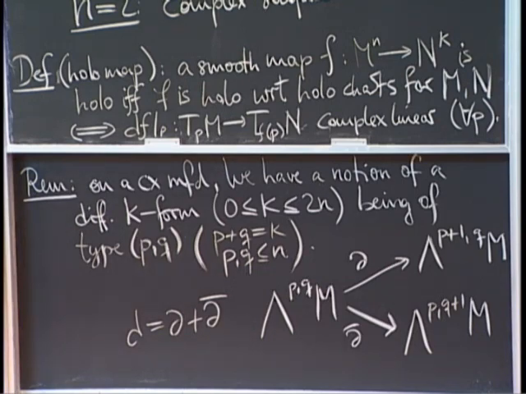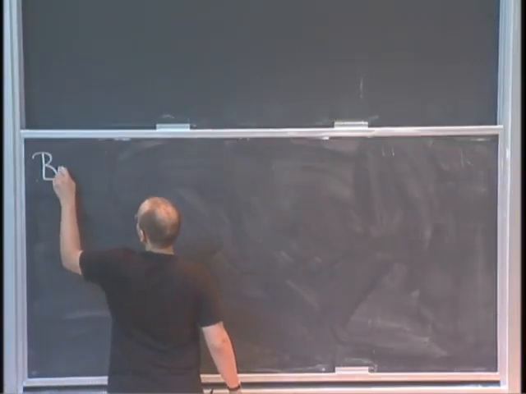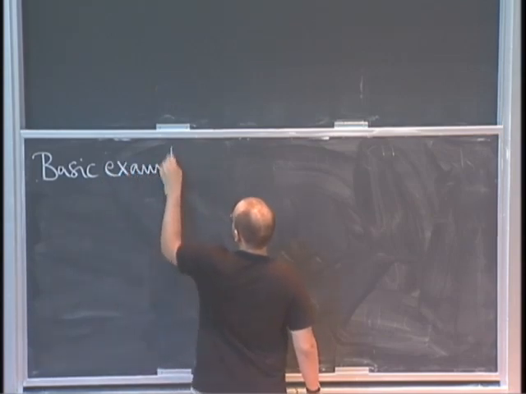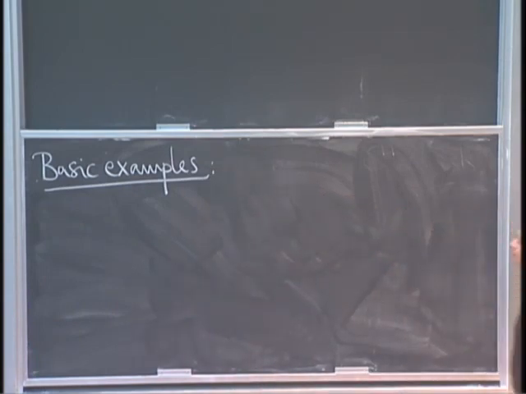Okay. And the rest of the lecture is just going to be a list of basic examples, similar to what Jacob did, but I'm going to mention some more properties without proof. I have made a list of 5 groups of examples.